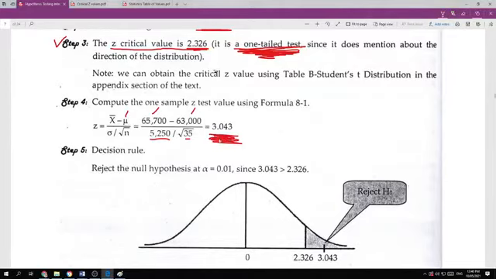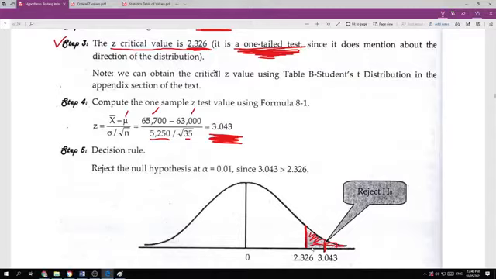Now, if you will be locating 3.043, take note, si 2.326 is here. Tan-awa ang location ni 2.326. Tan-awa si 3.04. It's located somewhere here. Naa siya sa shaded region.